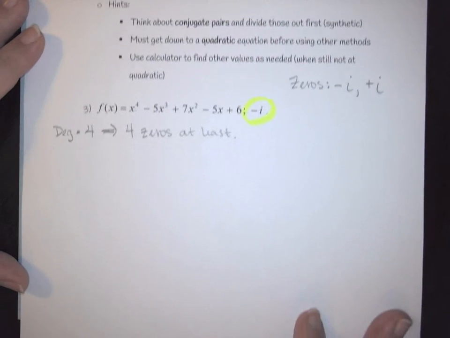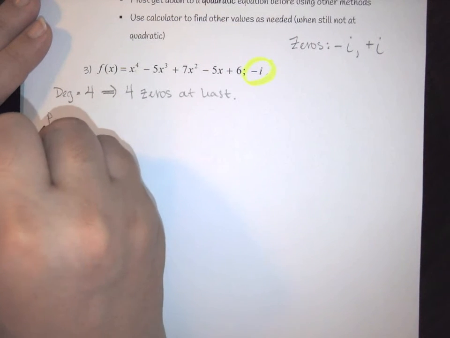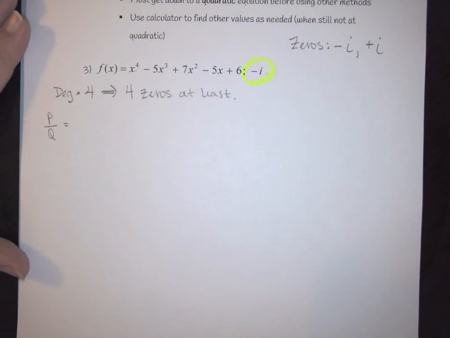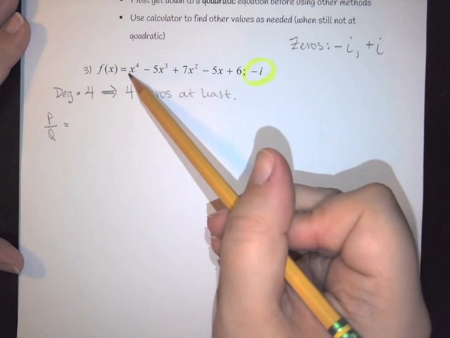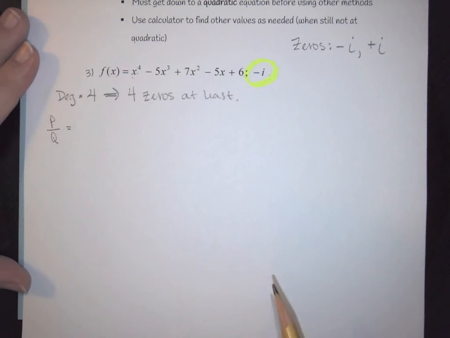So the first thing that I would do is you could look at your p's and q's, and to do that says that you're going to be looking at your last term and the coefficient of your first term. And so we're going to go ahead and then be able to state them. Now what this is going to do, again, if you remember, is give you a pool that you can work with.